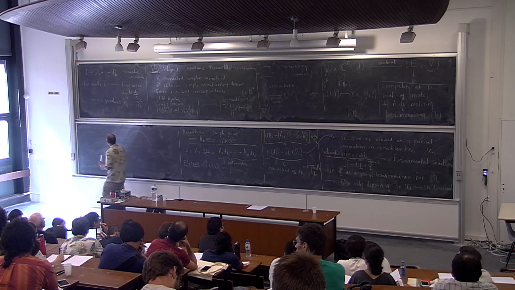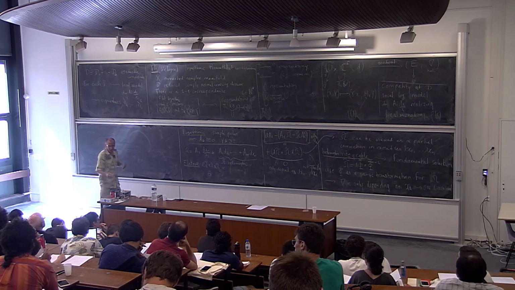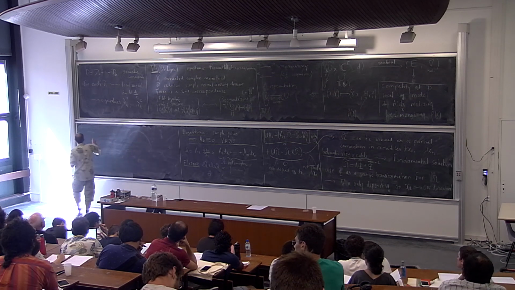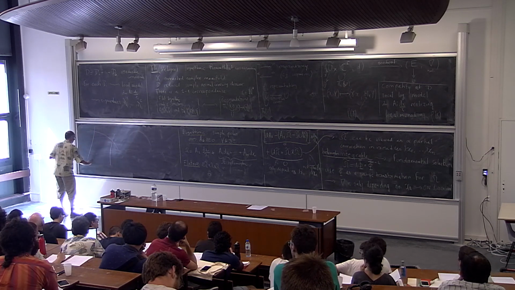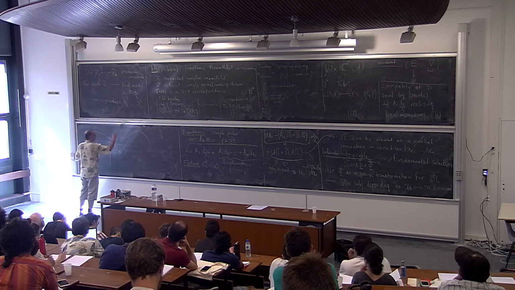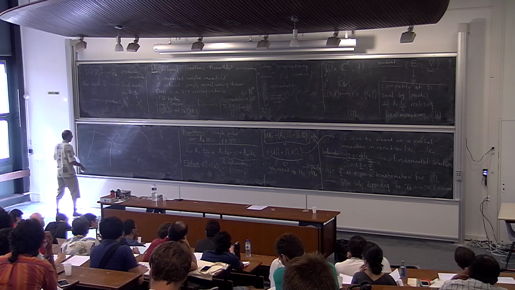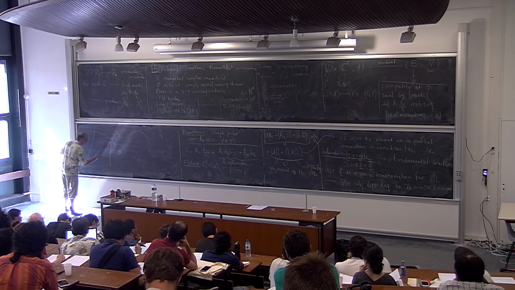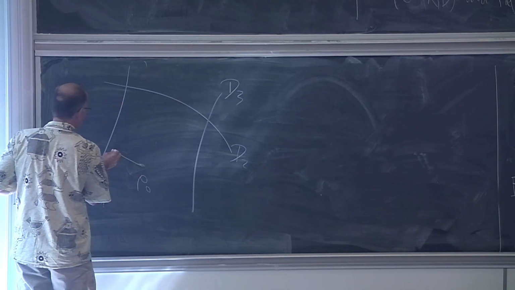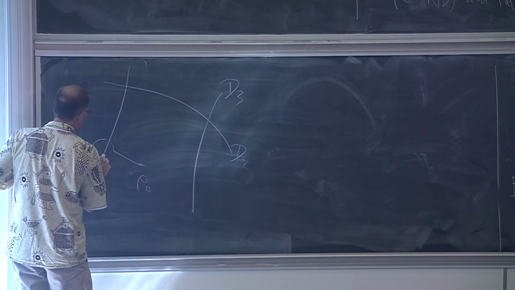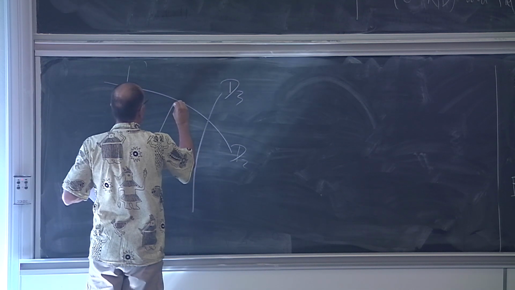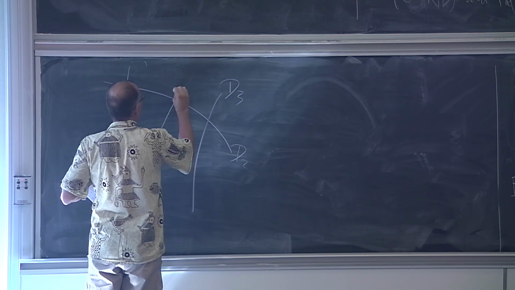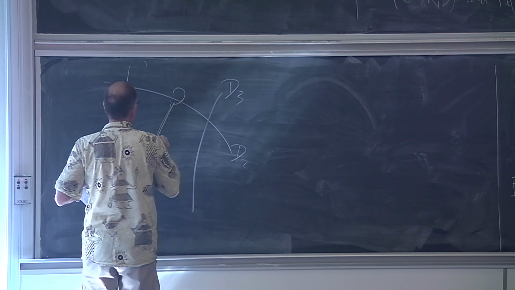Okay, so you have, I need colors. So D, the divisor, has several branches, D1, D2, D3, and then I have a base point P0, and I am looking at loops turning around each branch of the divisor. So this is what I call local monodromy.